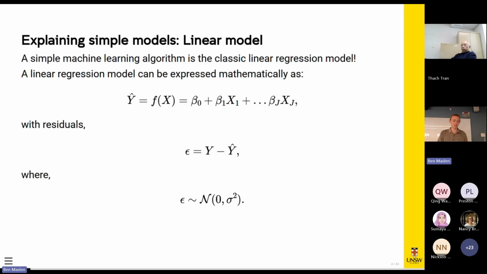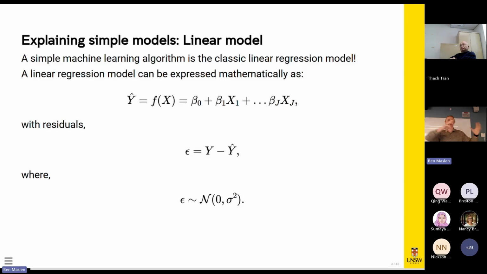A linear regression model can be expressed mathematically as our fitted values y hat being a function of x. f(x) is equal to our linear intercept, beta naught, plus our regression slopes multiplied by each of our predictors, or as we call them in the world of machine learning, features.